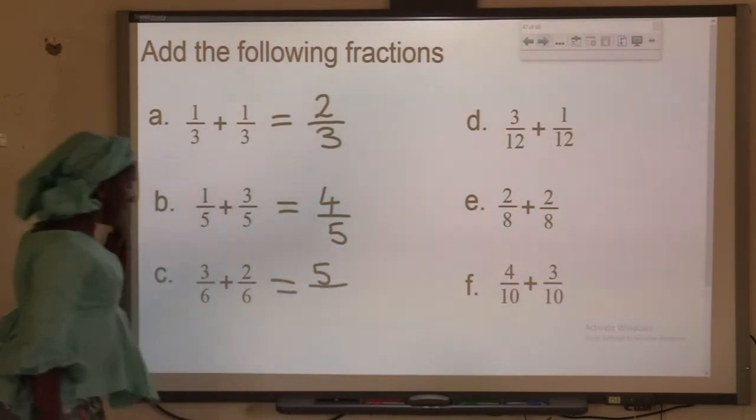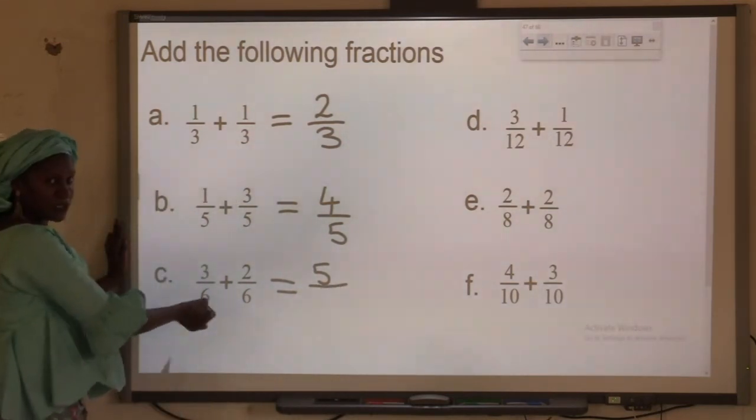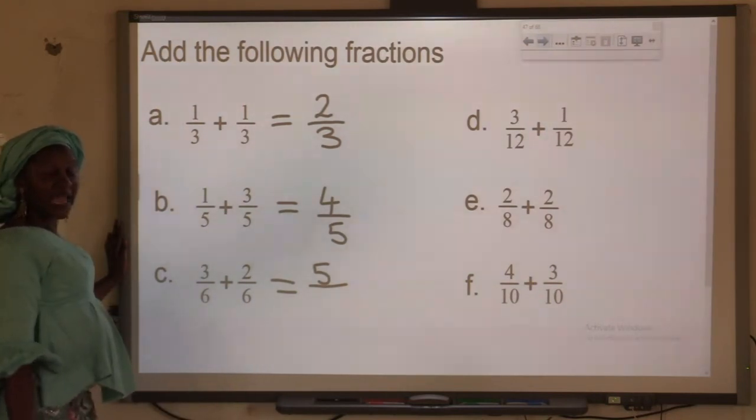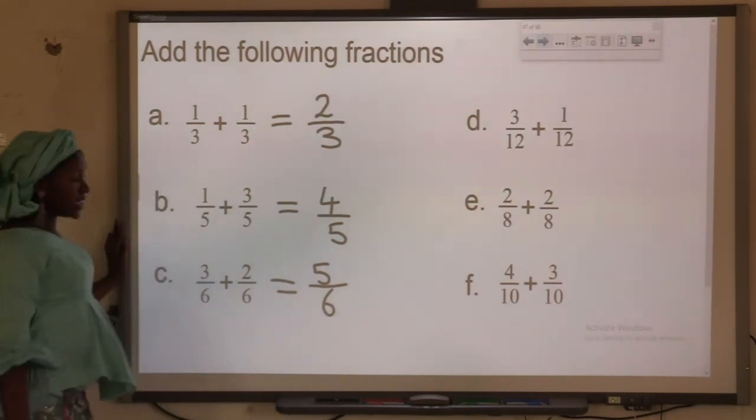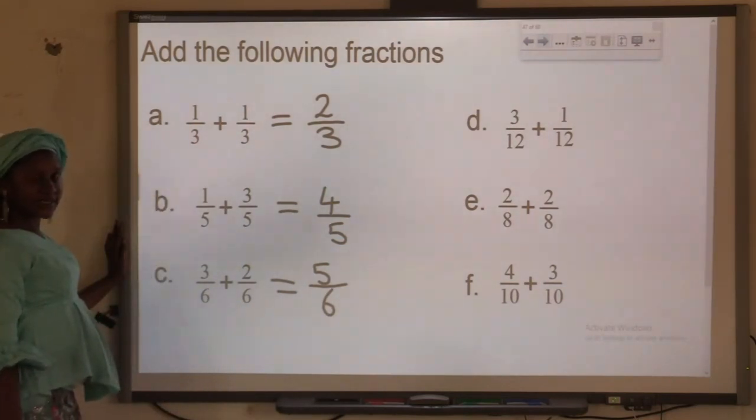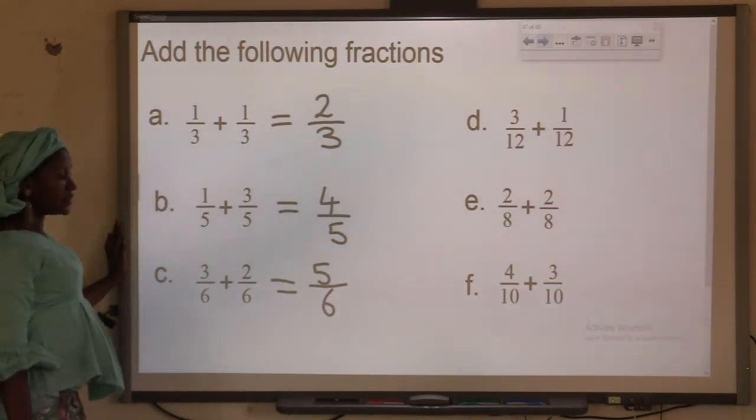This is our fraction bar. We maintain the denominators. Remember, we are adding like fractions. And our answer is 5/6.